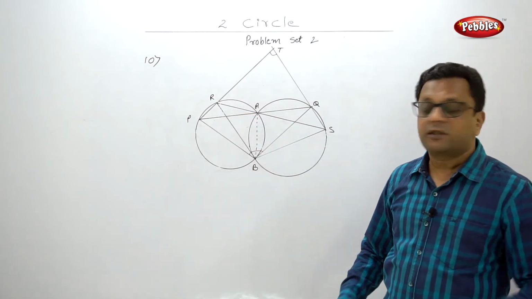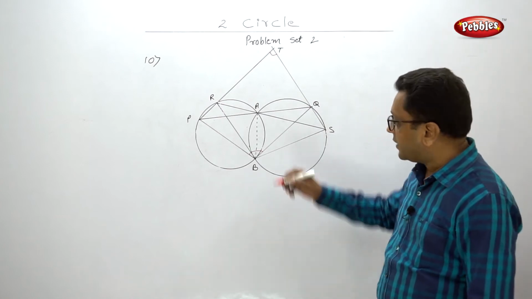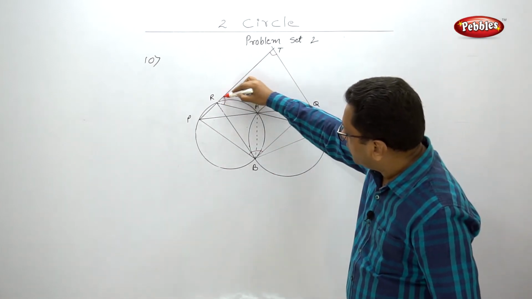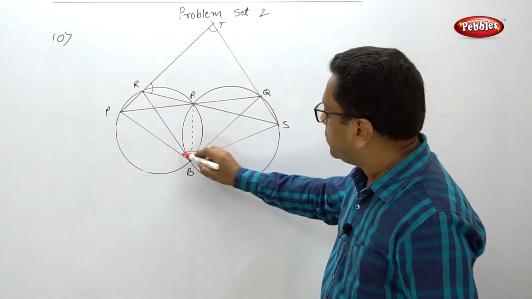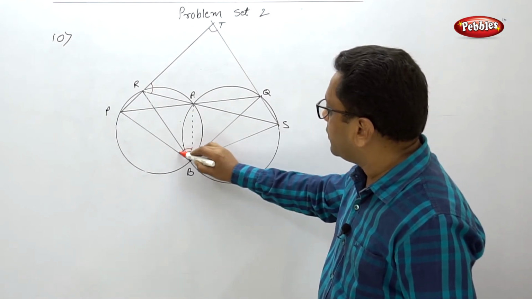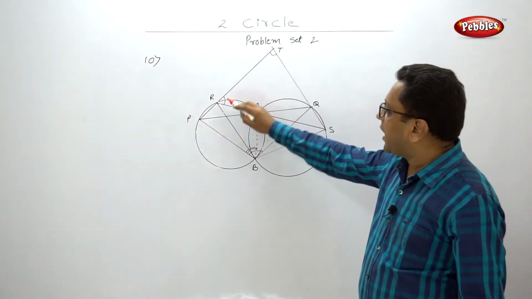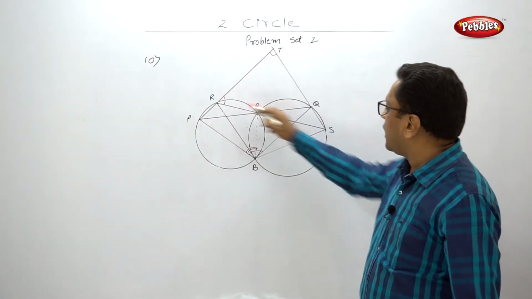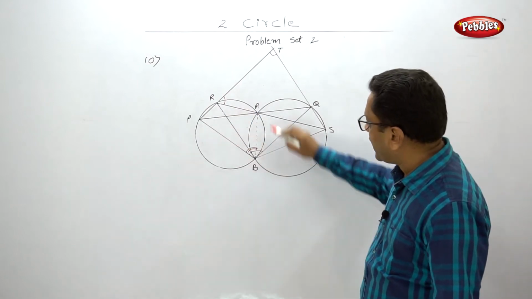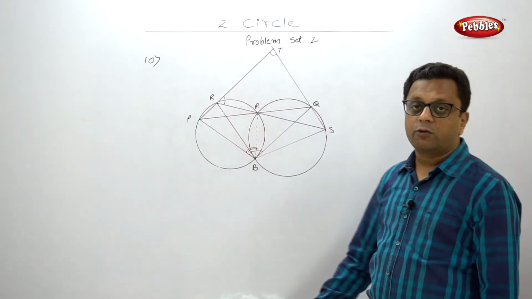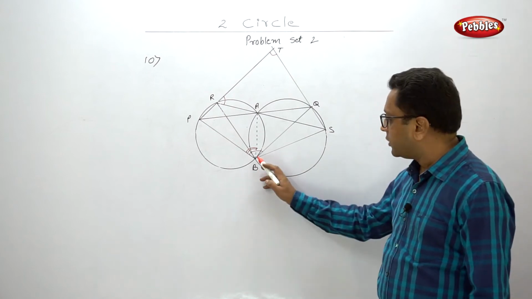PBAR is a cyclic quadrilateral and hence this angle is equal to this angle. Now this angle R, that is TRS, this angle is the exterior angle of this cyclic quadrilateral, so it is equal to the remote interior angle, that is this angle.